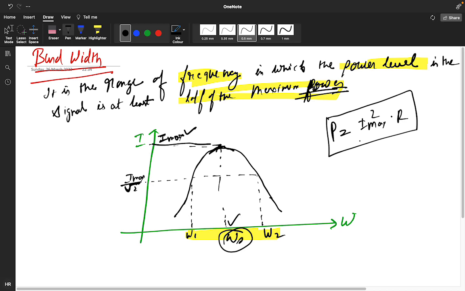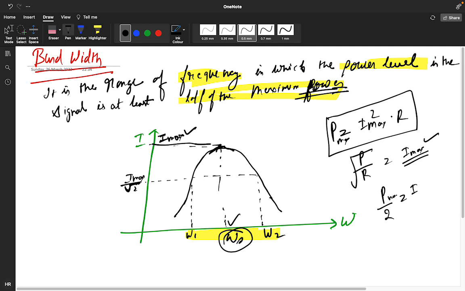This is your P max value that you are getting at this particular current. If you want to make your power half, I am dividing the power P by 2 at some particular current.